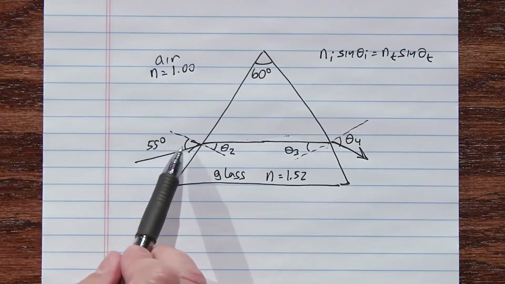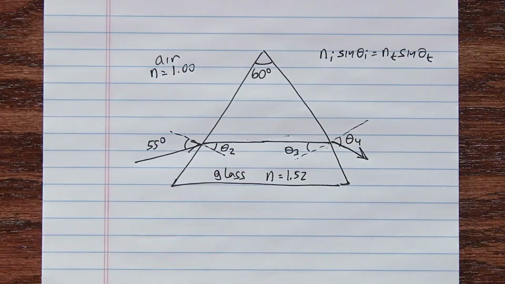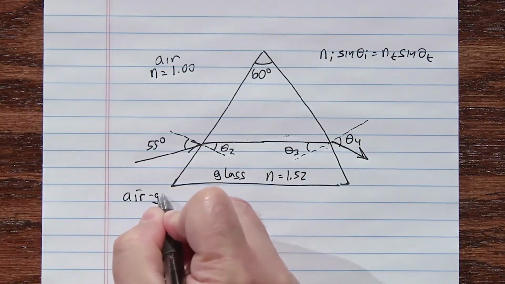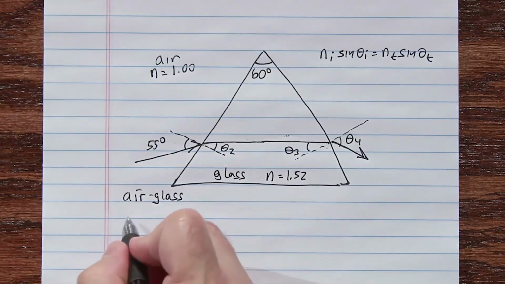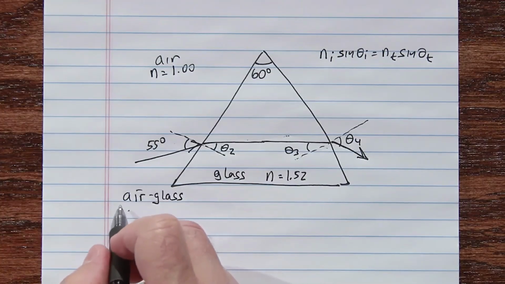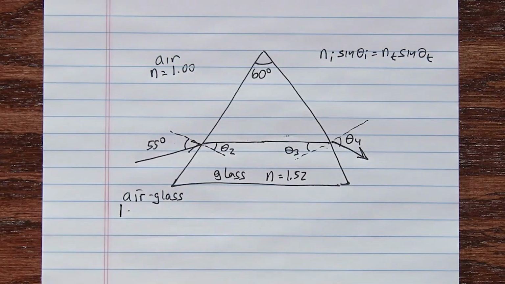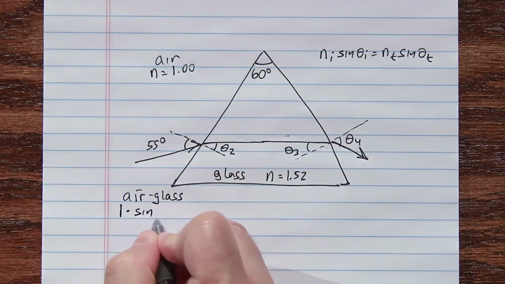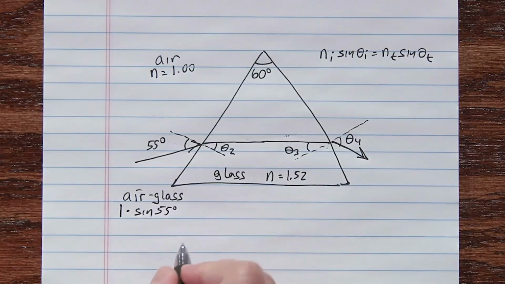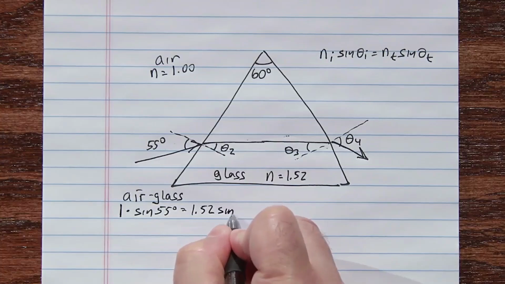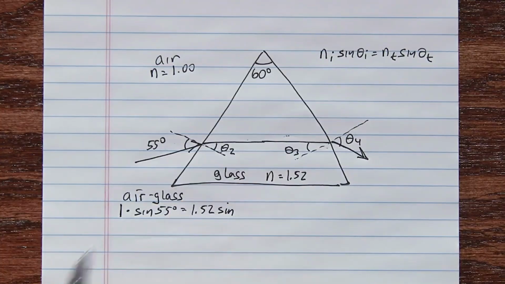Okay, so let's figure out theta 2 to begin with at the air to glass interface. And we have N incident, which is 1, the index of refraction of air, 1 times the sine of theta incident, which is 55 degrees, is equal to N transmitted, 1.52, times the sine of theta transmitted, which is theta 2.